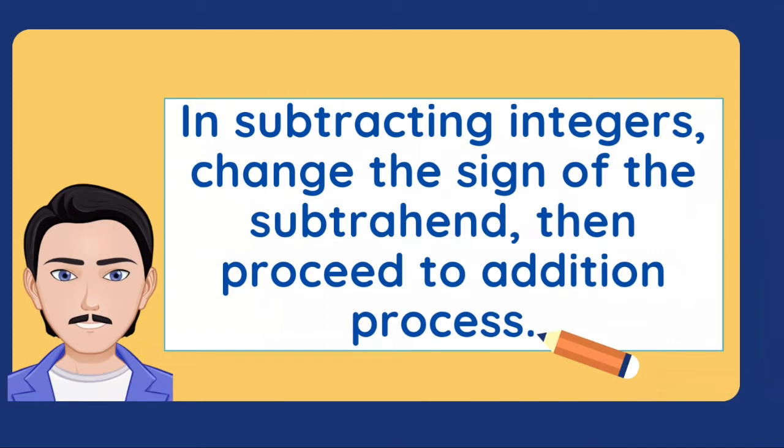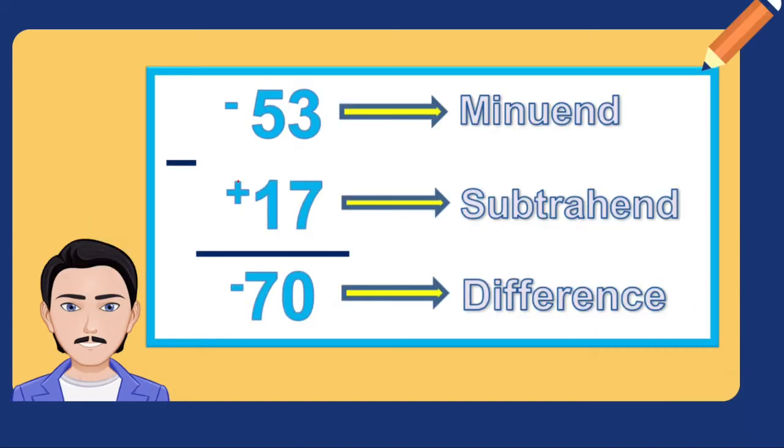Balikan natin yung rule natin kanina. Ang sabi sa rule, in subtracting integers, change the sign of the subtrahend, then proceed to addition process. Sa madaling salita, kailangan nating baguhin yung sign ng subtrahend. Dito, ang subtrahend natin ay positive. Ibig sabihin, kailangan natin siyang palitan ng sign. So, ito ay magiging negative.